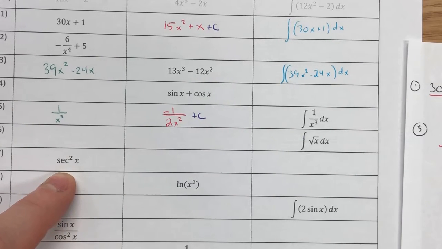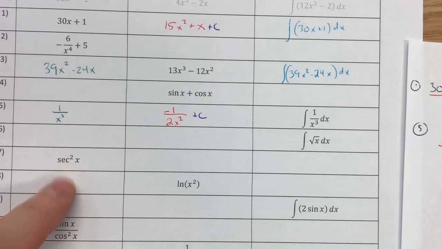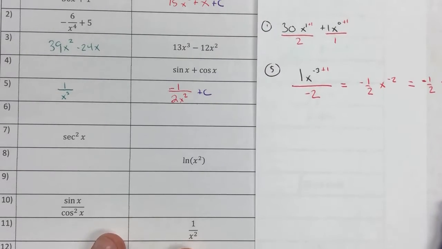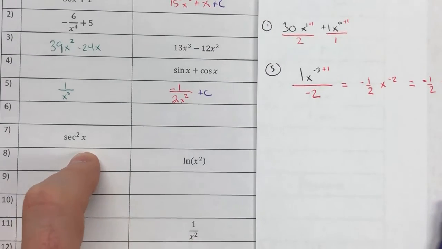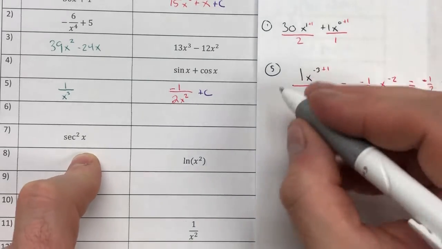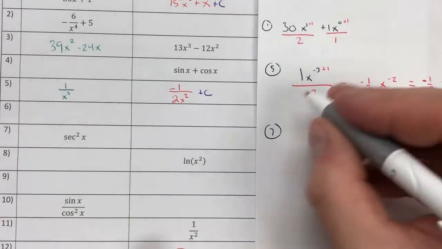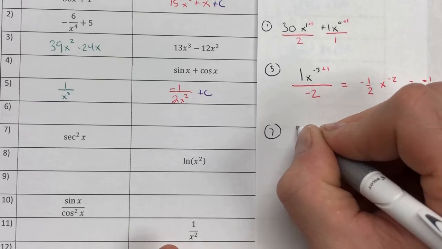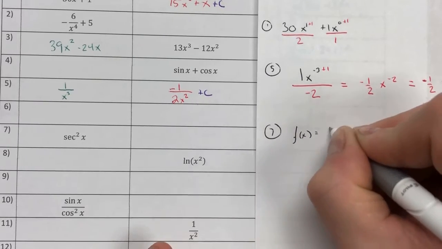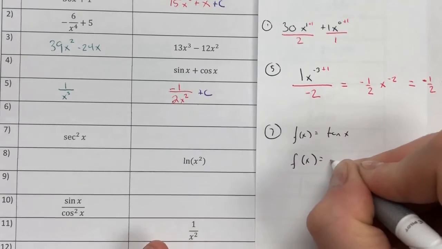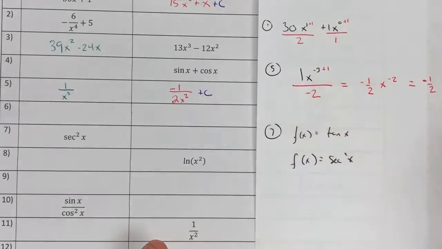Number 7, if we have something like the secant squared, remember, finding the antiderivative is just finding which trig derivative rule produces a secant squared. And one of the things that we will remember is that to produce a secant squared, if I have f of x is equal to the tangent of x, I know f prime of x is equal to the secant squared of x.